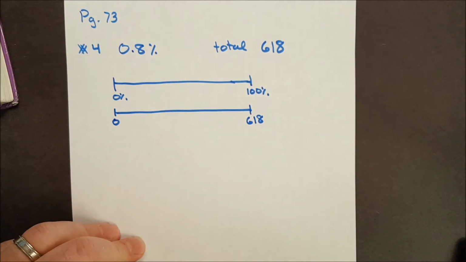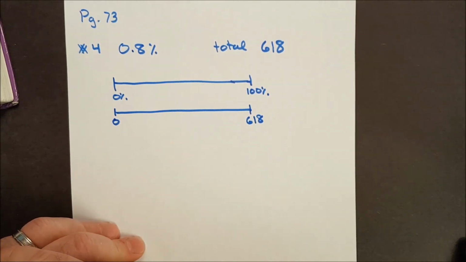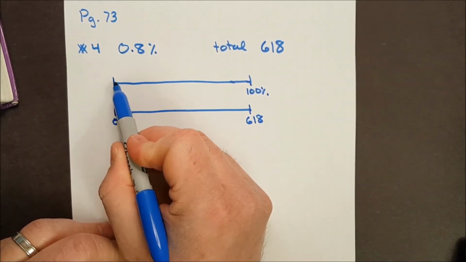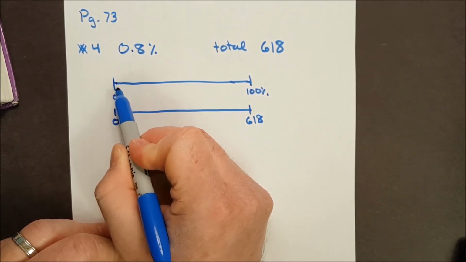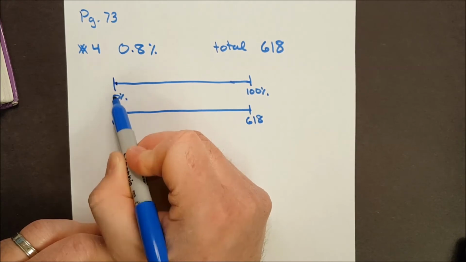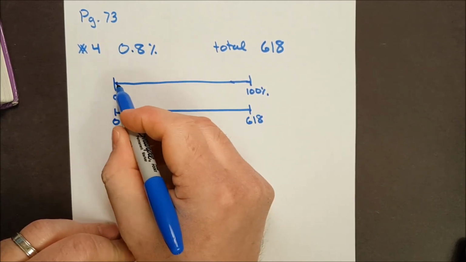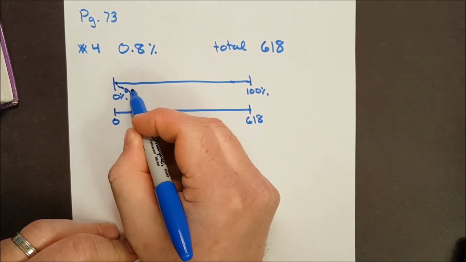But only 0.8% completed the marathon. So 0.8 is not even 1%. It's like right here somewhere. So a very small amount of people completed the race. So this somewhere here is 0.8%.